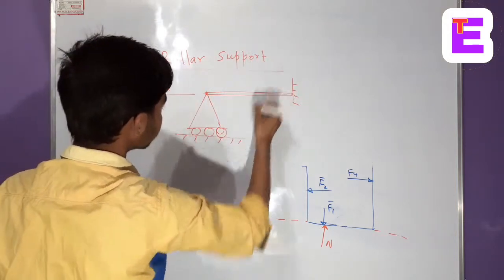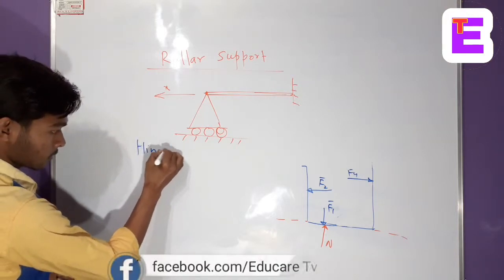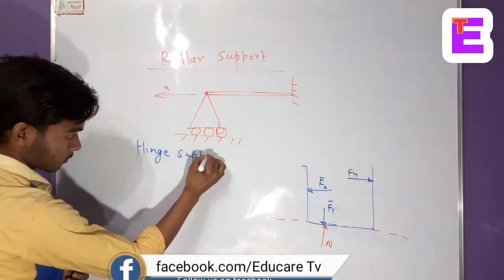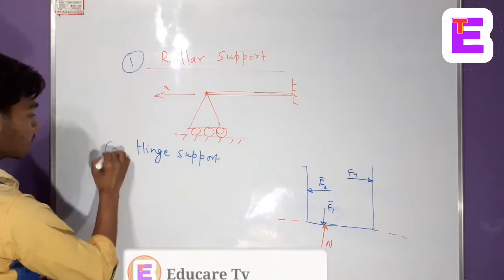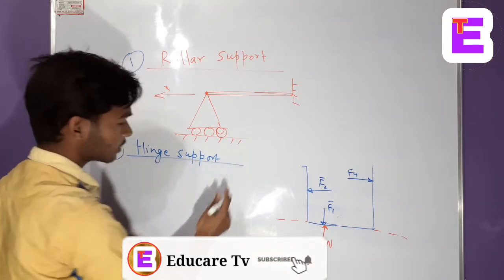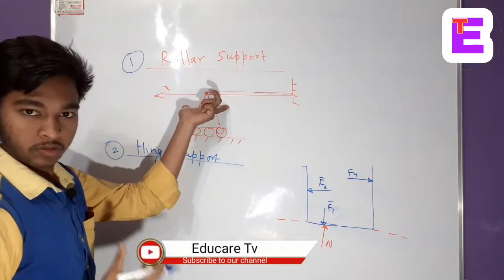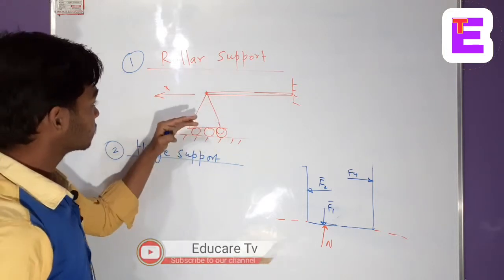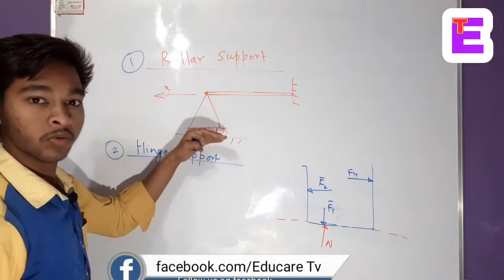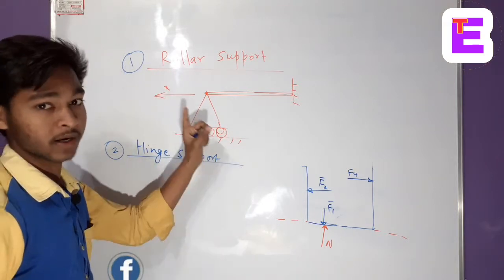Okay, the second one is the hinge support. This was the first one, and the second one is the hinge support. What we saw in the roller support is that it allows movement in the x direction and doesn't allow movement in the y direction.